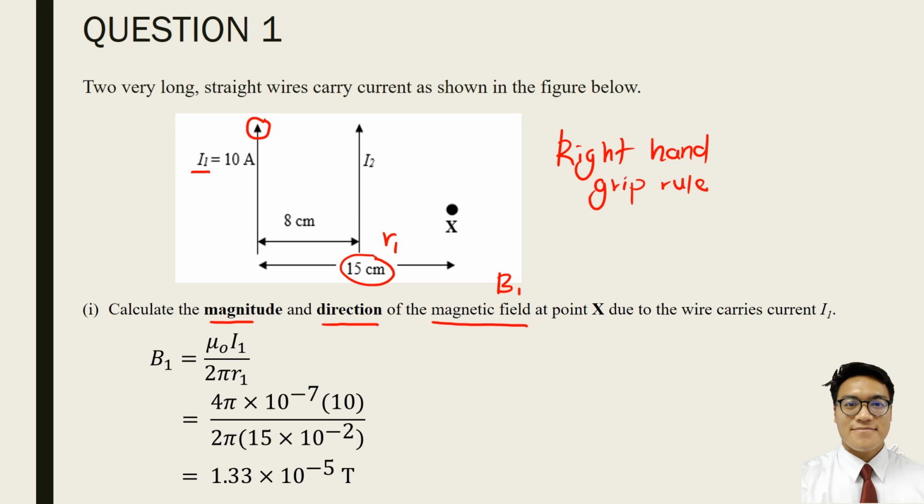Let me use another color for this one. You should have a magnetic field in counterclockwise direction, like this. So at point X it should be like this. This is just an imagination. So this is into the page. The direction of the magnetic field at point X due to current I1 is into the page.